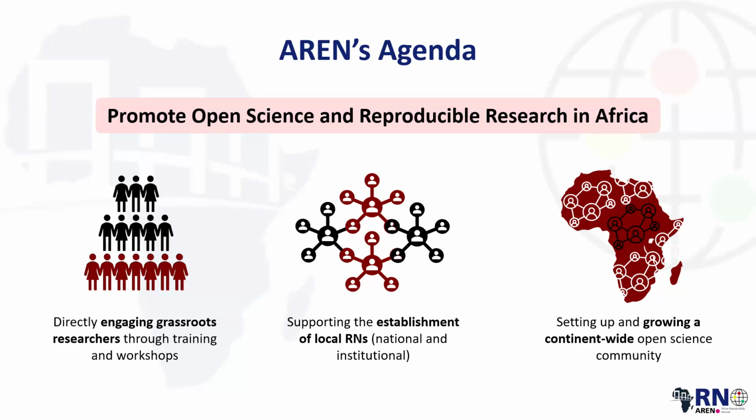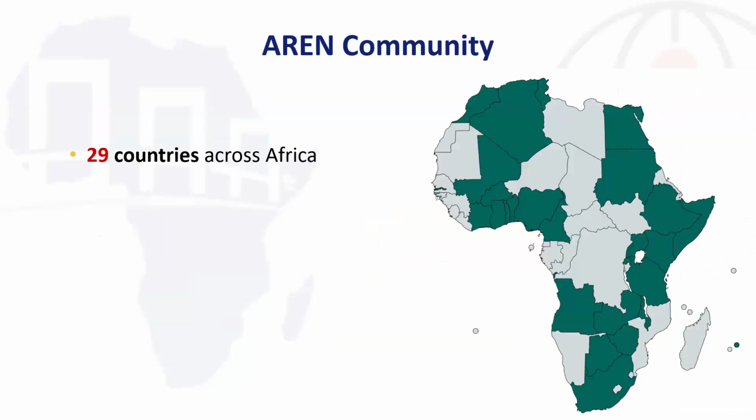And of course, the end goal is that we set up and grow a continent-wide open science community that would be able to support each other in navigating the requirements of open science.